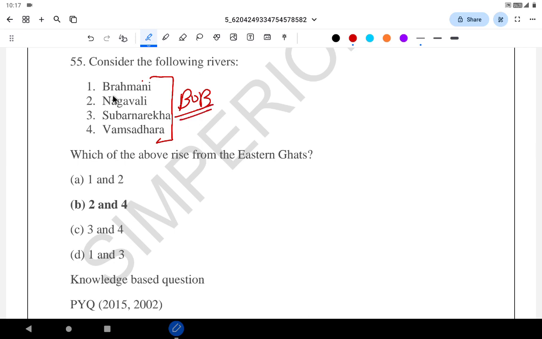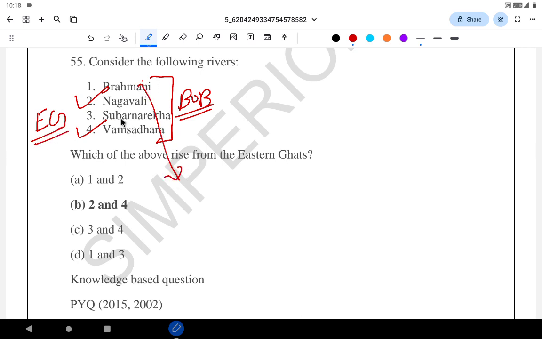But only Nagavali and Vamsadhara, they rise in the Eastern Ghats and empty into the Bay of Bengal.